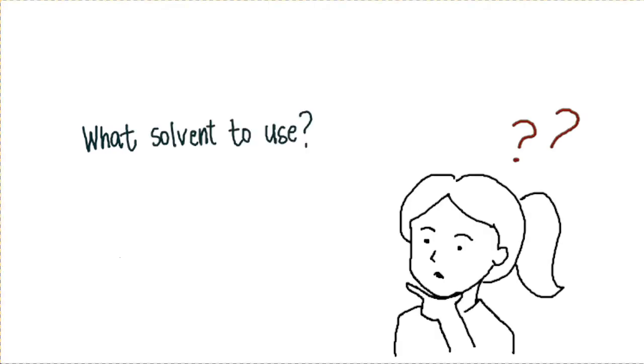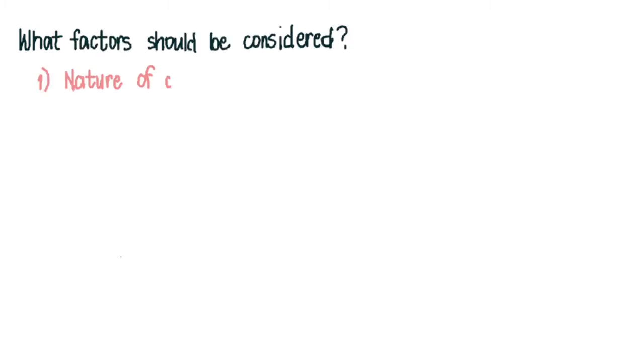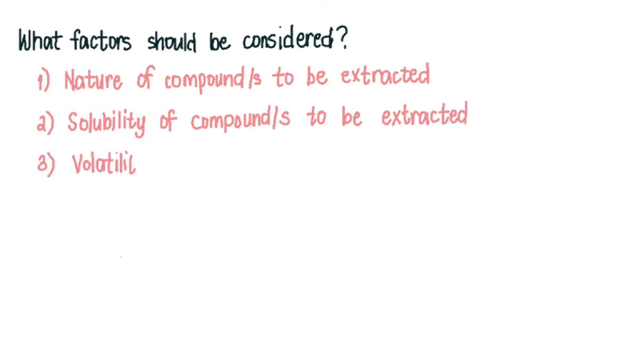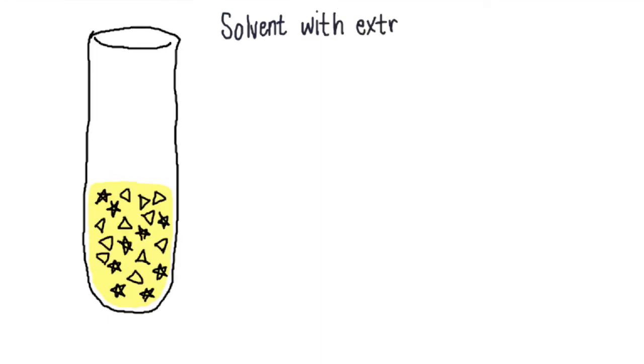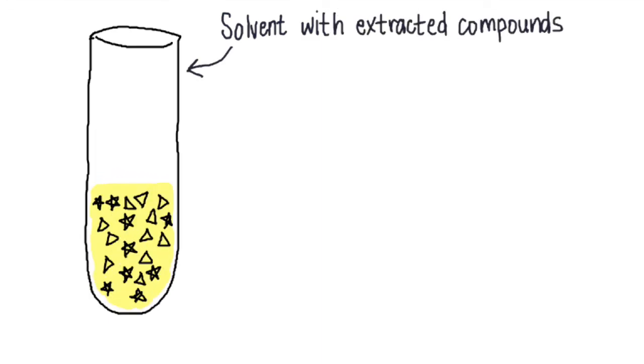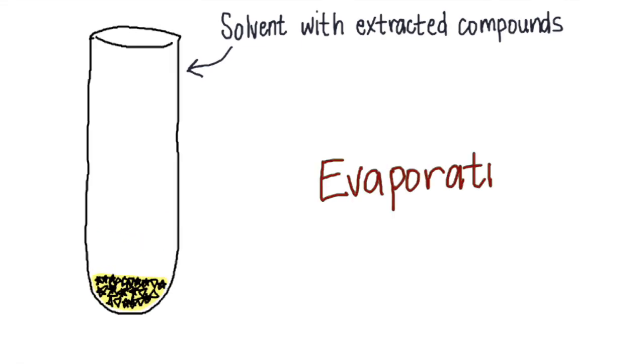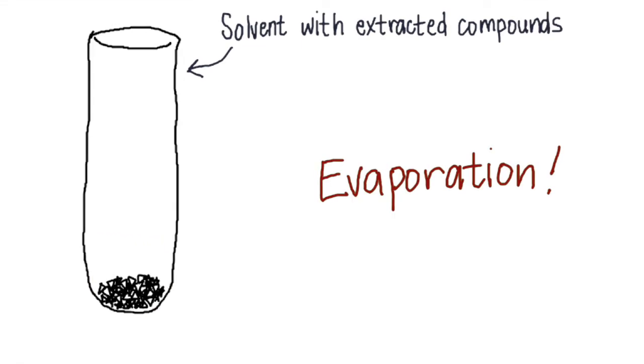Selection of solvent is very important in Soxhlet extraction. It depends on which compounds are to be extracted from a sample, the nature of these compounds, solubility of these compounds in the solvent, and volatility of the solvent. After Soxhlet extraction, we want to get rid of the solvent, and the easiest way to achieve this is through evaporation of the solvent.